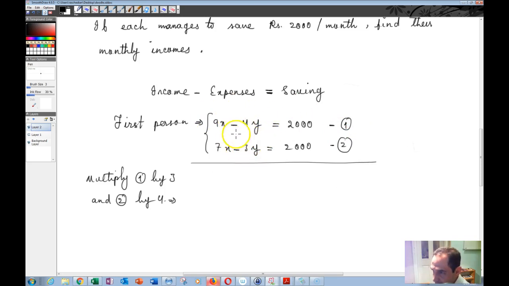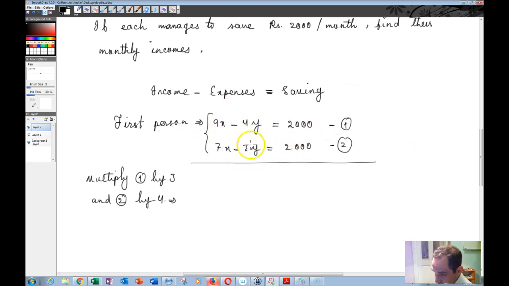If I multiply 1 by a factor of 3, I will have a negative 12y over here. And if I multiply 2 by a factor of 4, I'll have a negative 12y over here, and then I can cancel them out, meaning that I'll be able to subtract this equation from this equation.